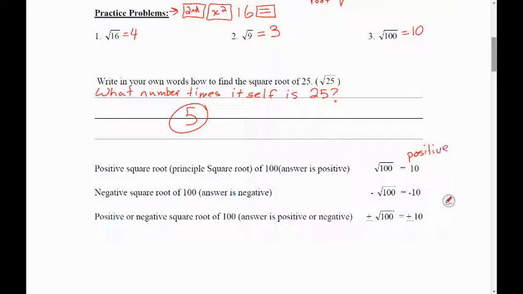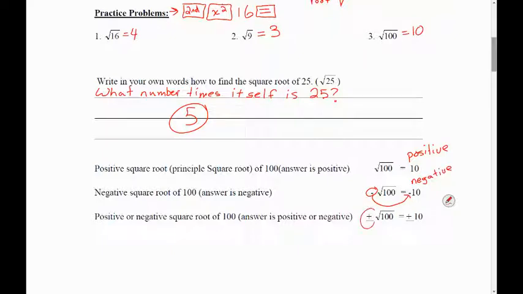Okay? The negative square root is if we have this negative sign out in front. It is not underneath. Okay? So if it's out in front, we move that over to the answer. And we're going to be talking about the negative square root.